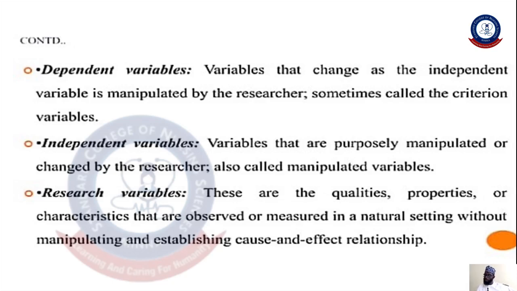Mind you, we say variables are just like characteristics of something. Say like you have human being is a variable. But characteristics of that human being, you will now classify that human as an independent variable.